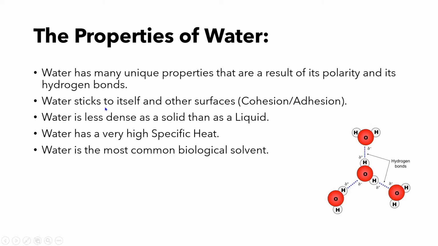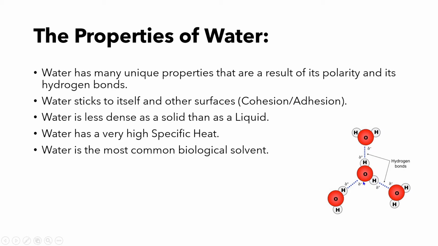So now let's talk about the properties of water. So water has many unique properties that are due to its polarity and hydrogen bonding. So we have a little drawing here of some water molecules.